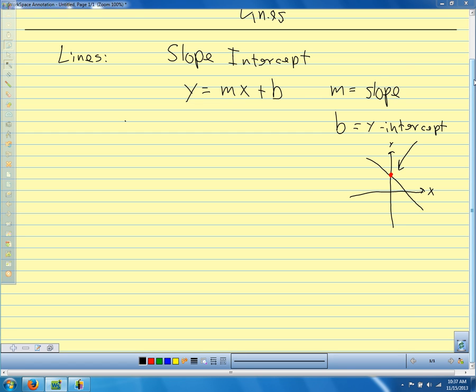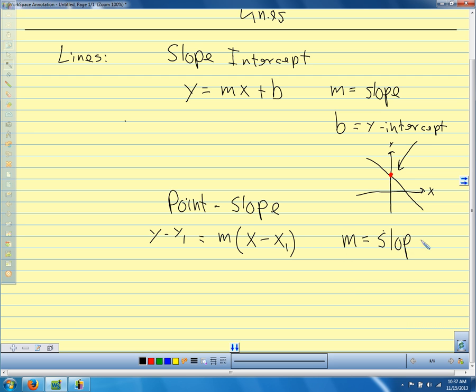The form that's more useful, really, when we're talking about points on a graph, is called point-slope form. When we write point-slope, we say y minus y1 equals m times x minus x1. Our slope is m, and (x1, y1) is a point on the line.